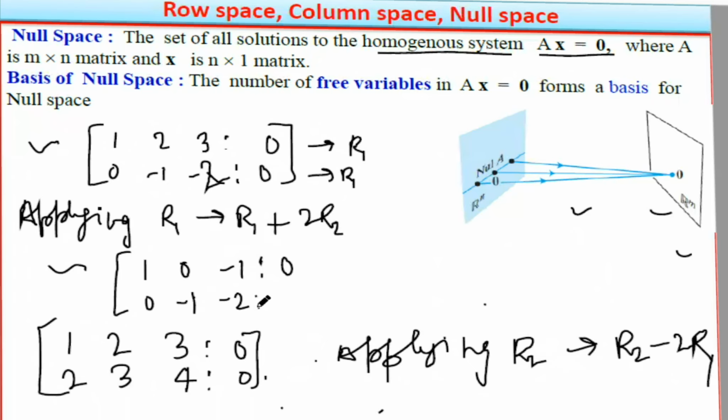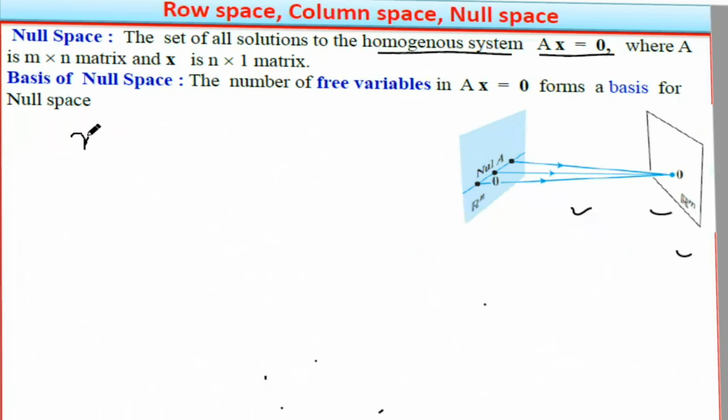So here x1 and x2 are the dependent variables and x3 is free. From the first row, x1 minus x3 equals 0, so x1 depends on x3.